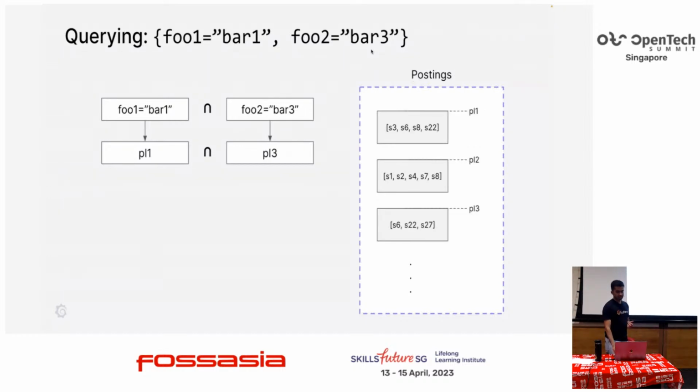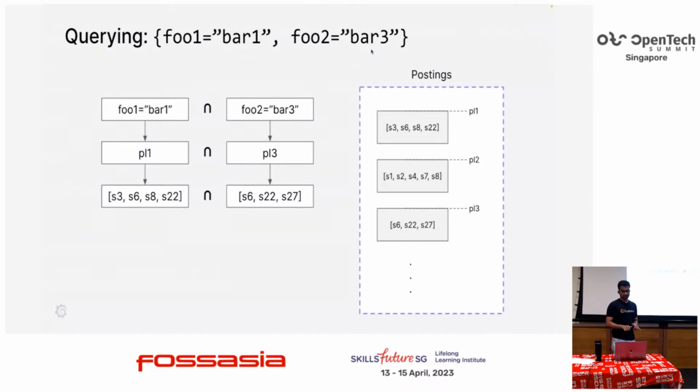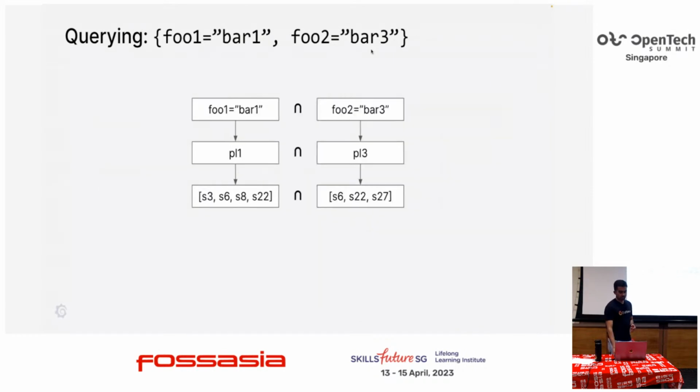Now we take the reference, look at the postings table, and we get the set of series references that actually match these label values. And now that we have two sets of series references, you just intersect them, and finally you know that the series mentioned by the references S6 and S22 match the query that you gave. This is a simple query that you can do on TSDB.